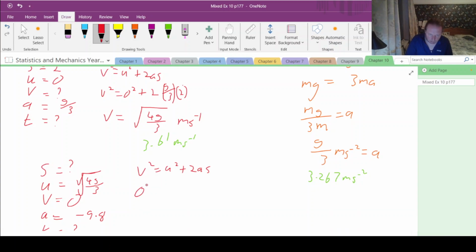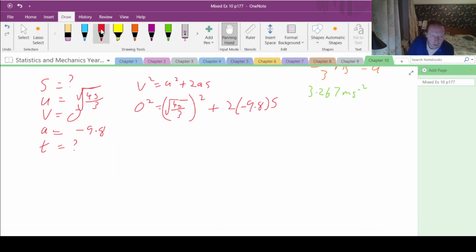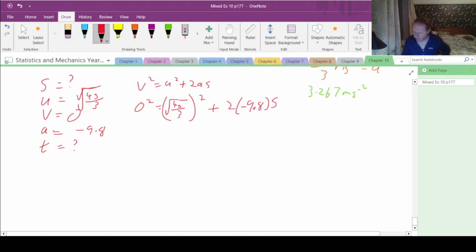v squared equals u squared plus 2as. So 0 squared is equal to the square root of 4g over 3 squared plus 2 times minus 9.8 times s. So we are going to have, let's bring that over there, 9.8 times 2 is 19.6.